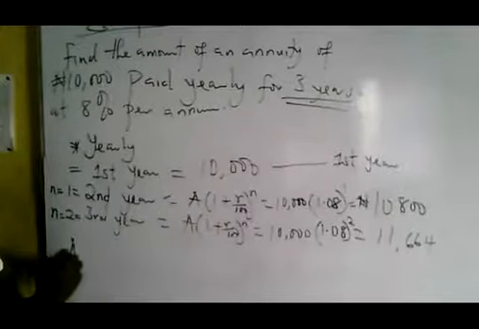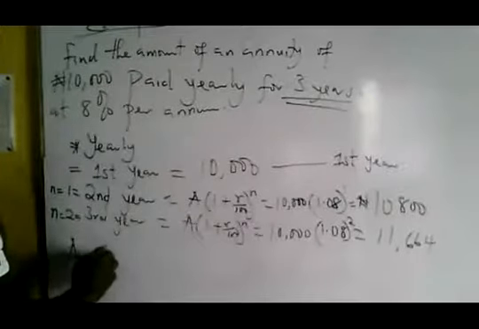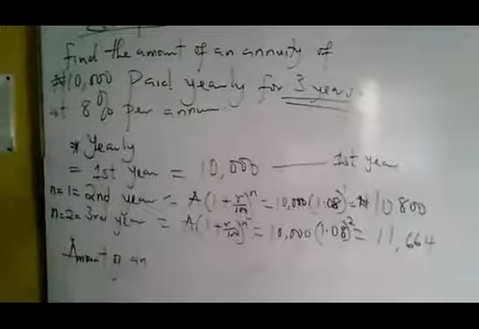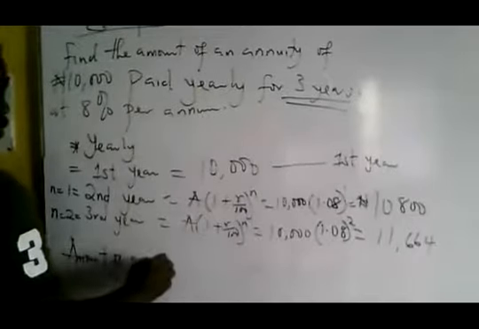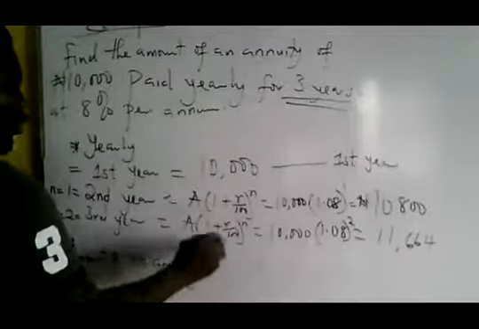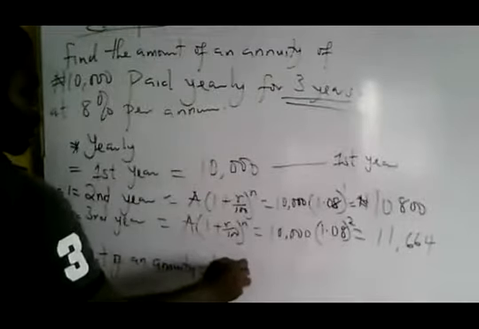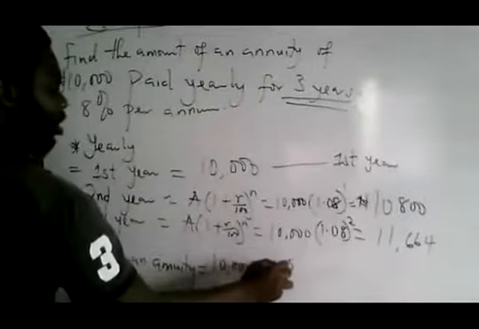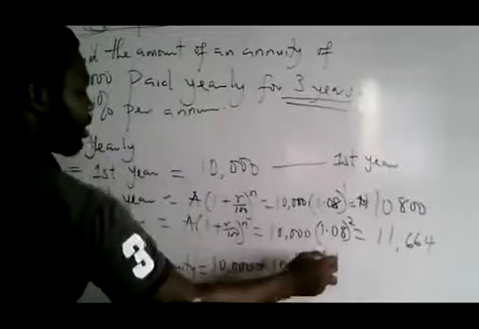So that means the amount of annuity would be equal to 10,000 plus 10,800 plus 11,664.